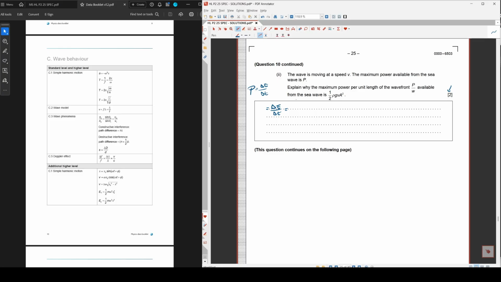Let's put in that whole mess that we had a second ago, W wavelength A squared, and all of that over whatever T is, the time it takes to deliver all of this energy, the power per length of the wave front.